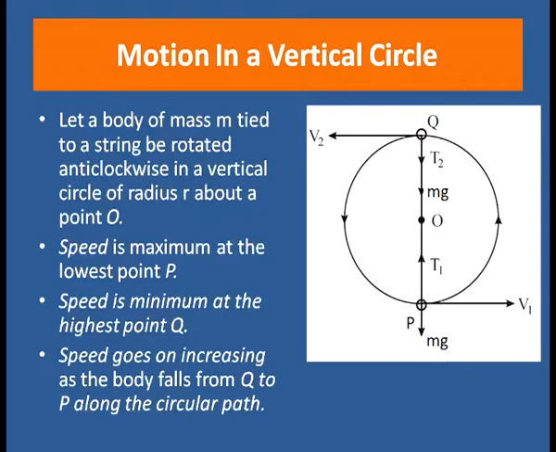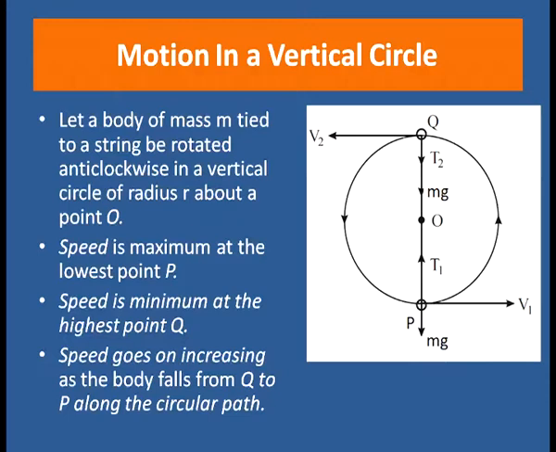Here, the speed of the body is maximum at the lowest point P, and its speed is minimum at the highest point Q. When it moves upward, its speed gradually decreases, because the acceleration due to gravity is acting in the downward direction. Hence, it goes on decreasing.